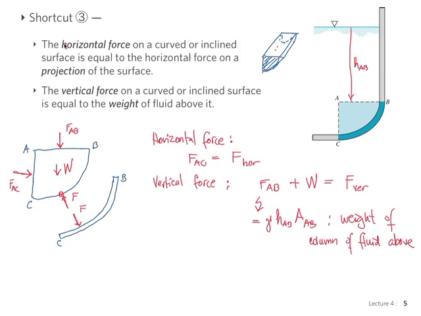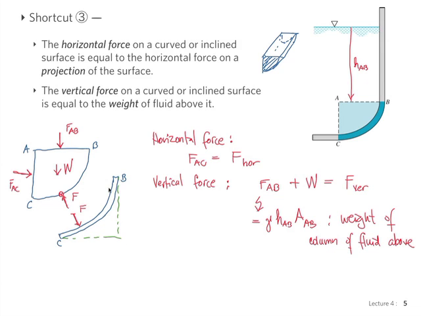So let's look back to what the short explanation said. The horizontal force on the curved surface, which is the horizontal component of this resultant, is equal to the horizontal force on a projection of the surface. That's very clear here because this area AC is equal to the projection of that curved surface in the horizontal direction.